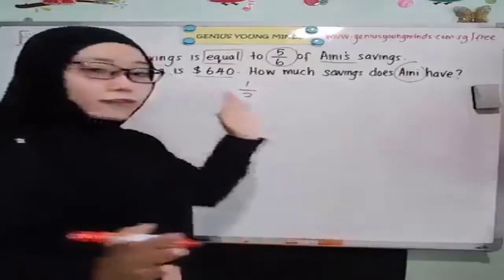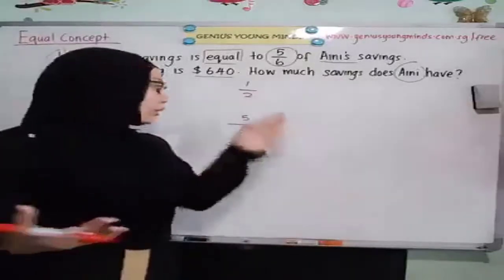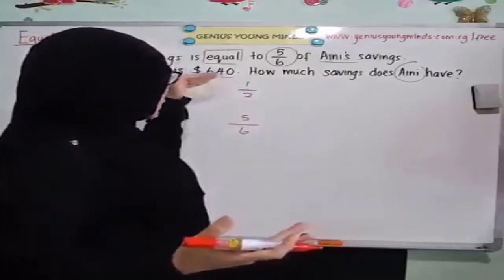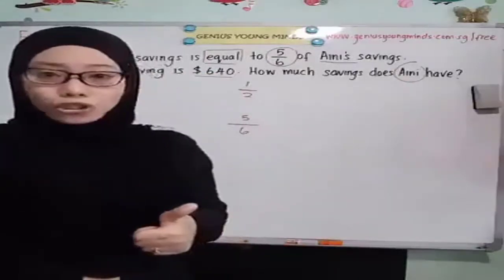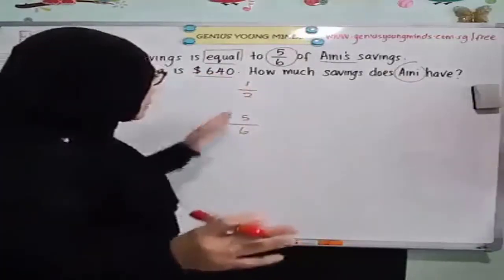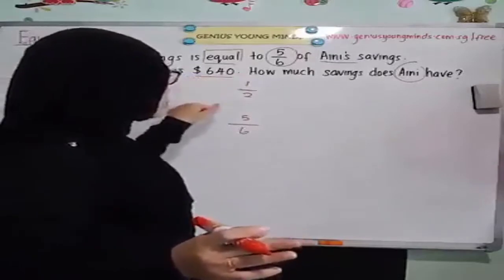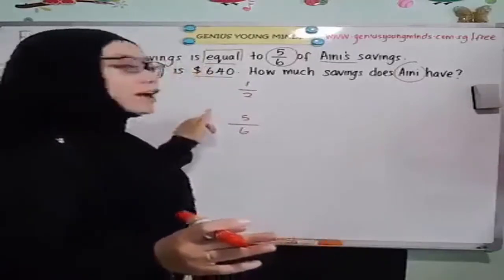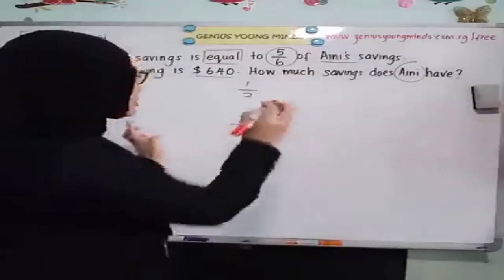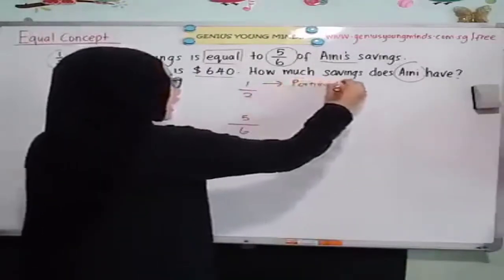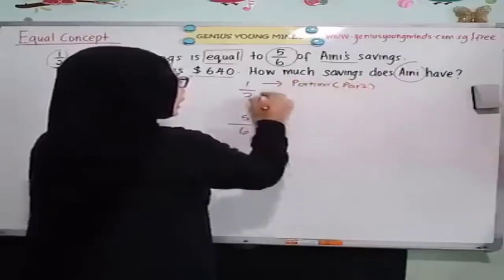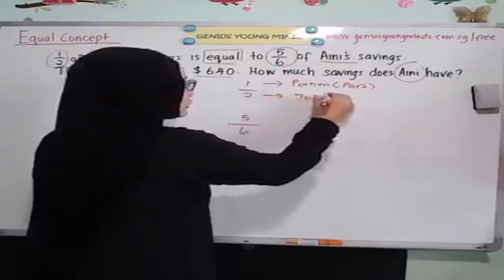We have to figure out which of the numerator or the denominator is the total and which one is the portion. Please listen properly. Half, or 1/2, means 1 is the portion, or the part, and 2 is the total.